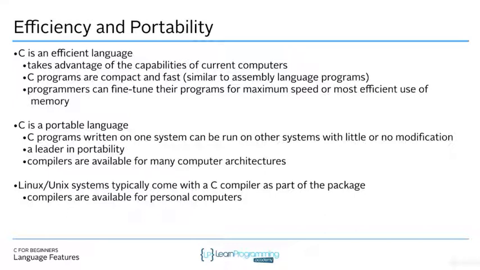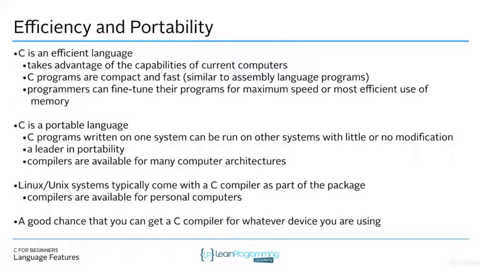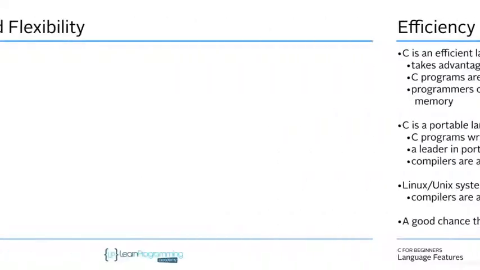They're also available for Windows, but typically for Windows, you will have to download a compiler, and we're going to be doing that when we download our required software. So there's a good chance that you can get a C compiler for any device that you're using. You could probably get a C compiler also for an Android device or an iOS device, and for really low-level micro or mini computers as well, like processors in automobiles.